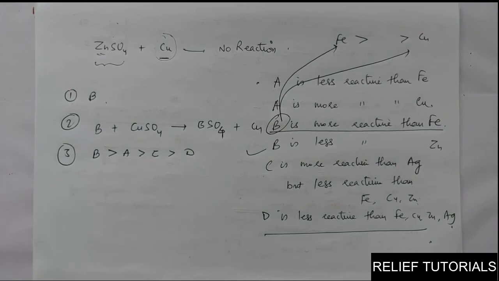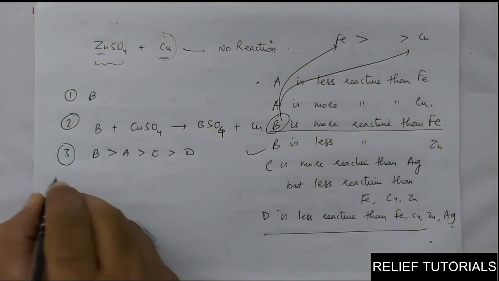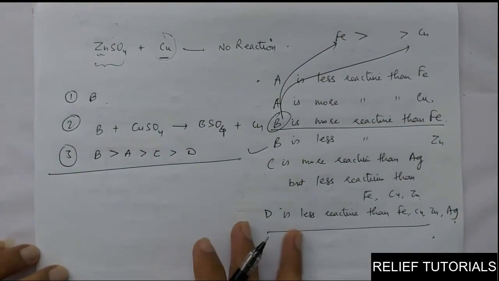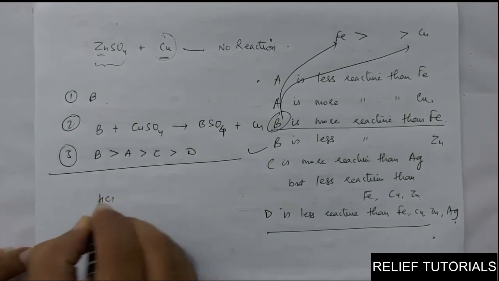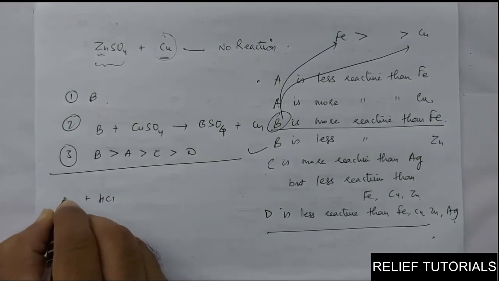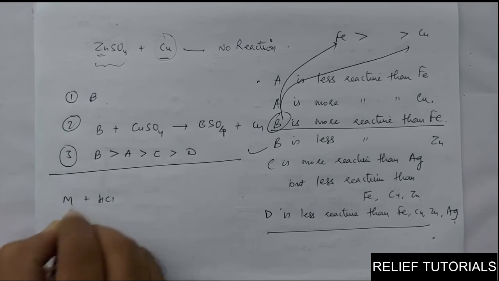Then question number 4, page number 46, blue color question. Please read the question. Which gas is produced when dilute hydrochloric acid is added to a reactive metal?